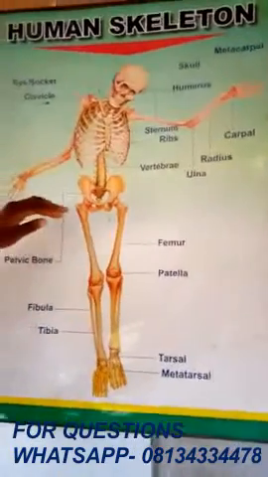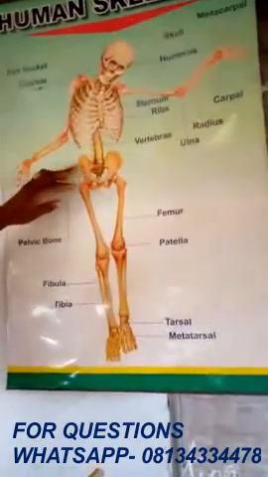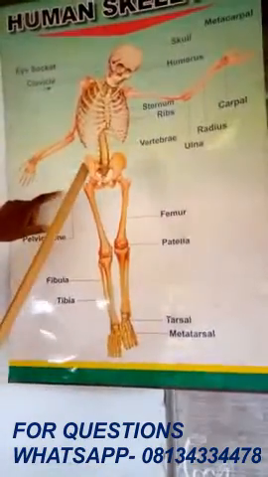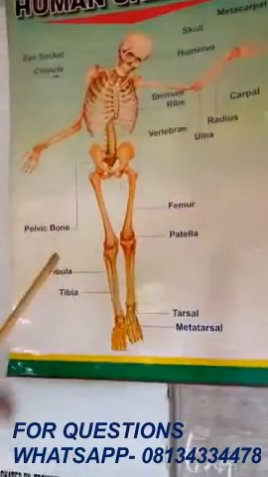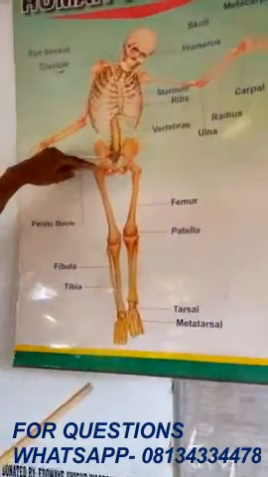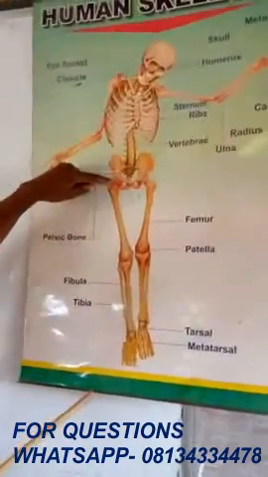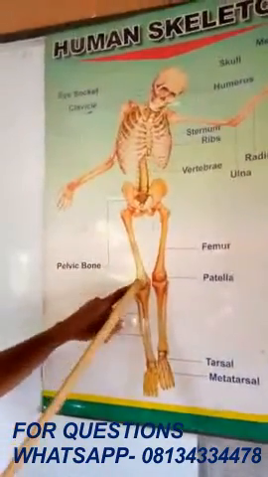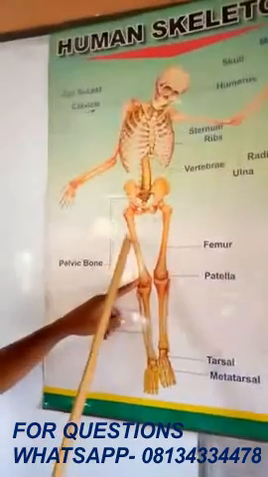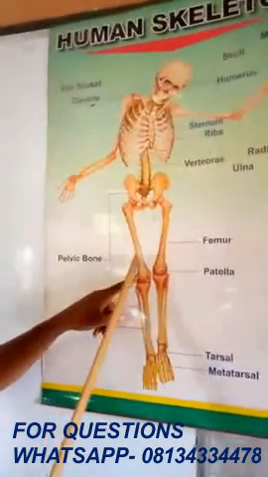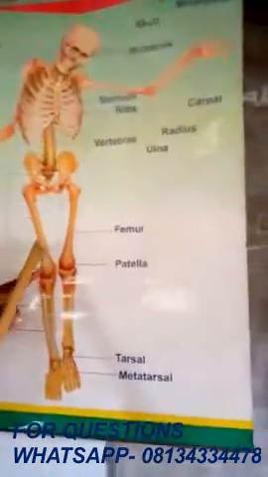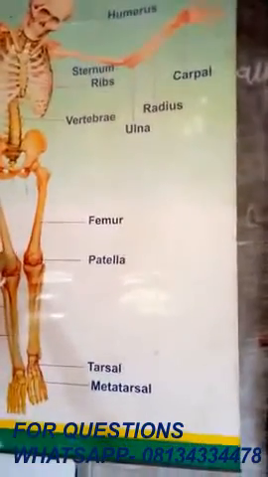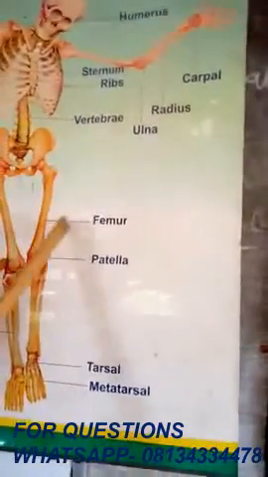Then let's come to the hind limb, which begins from the hip, which is the pelvic girdle, your leg bone, from your hip down to your knee here. The bony structure here, the upper hind limb, is called the femur.